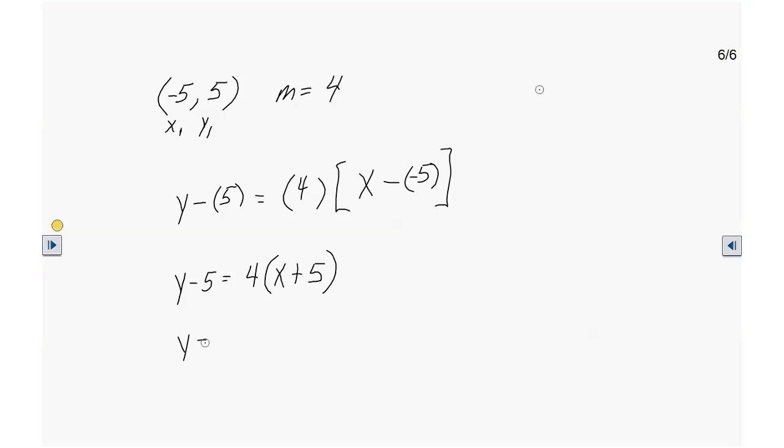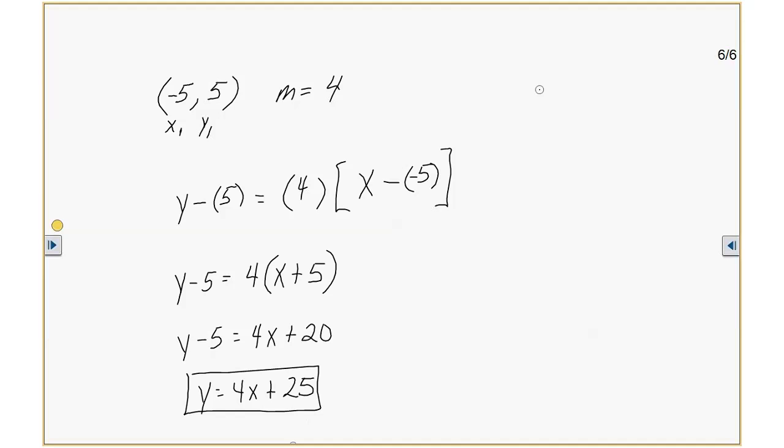Y minus 5 is equal to 4X plus what? And Y is equal to 4X plus what? So we stop there, because we found an equation. That's it.